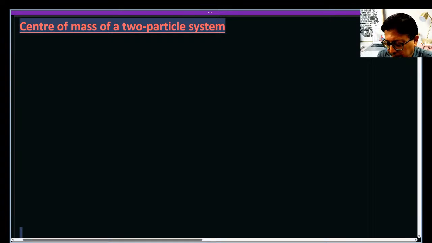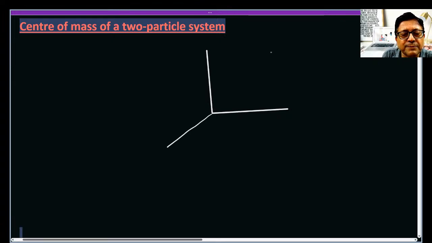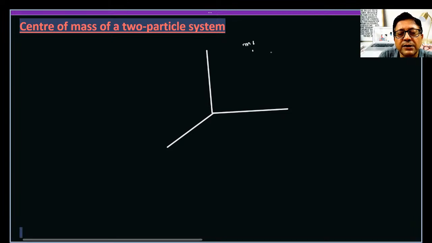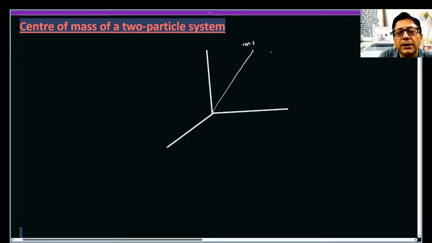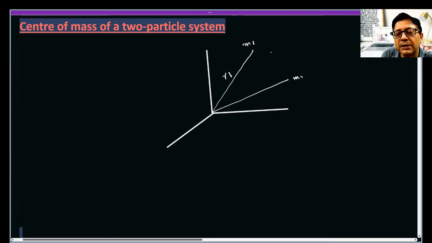What is center of mass? Just consider a two-body system, situated in two-dimensional or three-dimensional space, whatever you say. Position vector of first mass is at R1. Position vector of second mass is at R2.